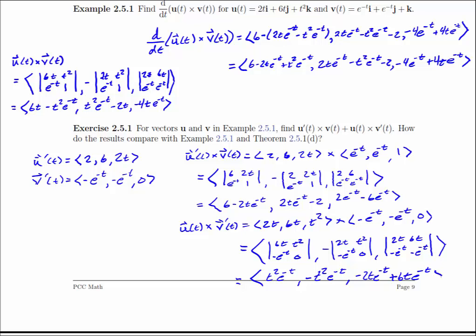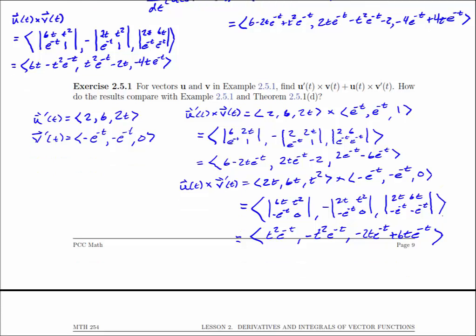All right, so finally, we can add these two together. So the derivative of everything equals, using this formula, we're just going to add this to this.